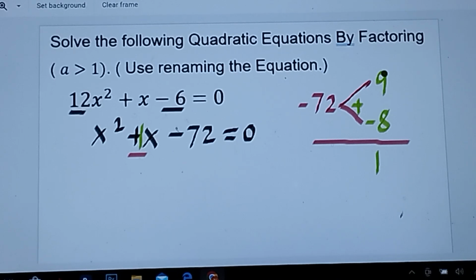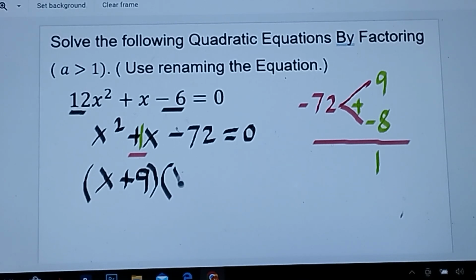If we add 9 and negative 8, the sum is equal to 1, which is equal to the coefficient of your linear term. Okay, so if we factor now the equation, this is just equal to x plus 9, x minus 8 equal to 0.